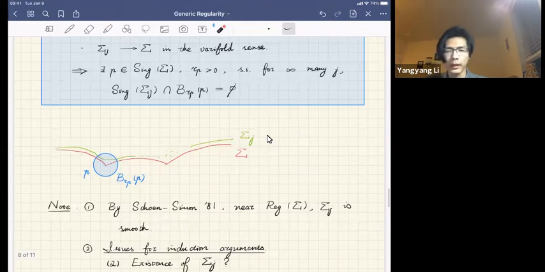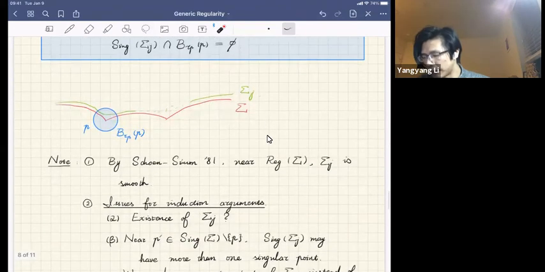The first one is that, given a sigma, how can we show that we can find a sequence of sigma j converging to sigma? This is not always true. For example, even in the smooth case, this would be guaranteed if sigma is non-degenerate. If sigma is degenerate, then this might not be true. We might not be able to find such a sequence converging to sigma.